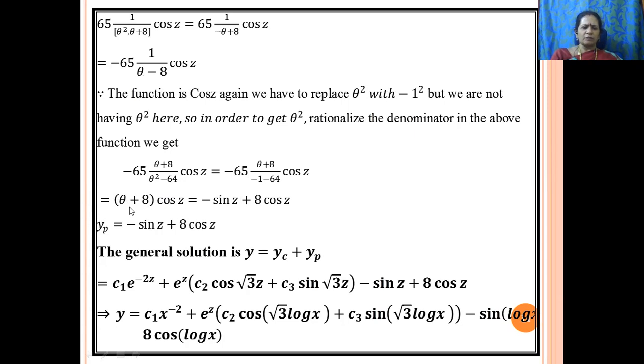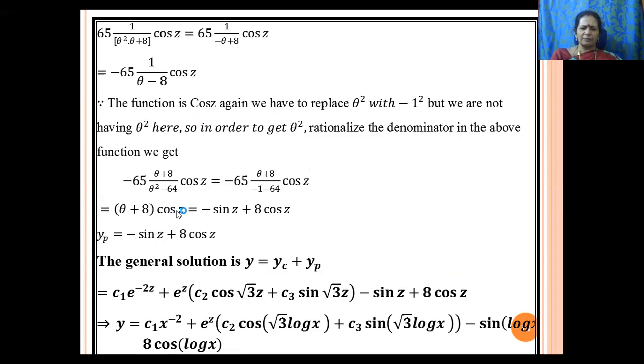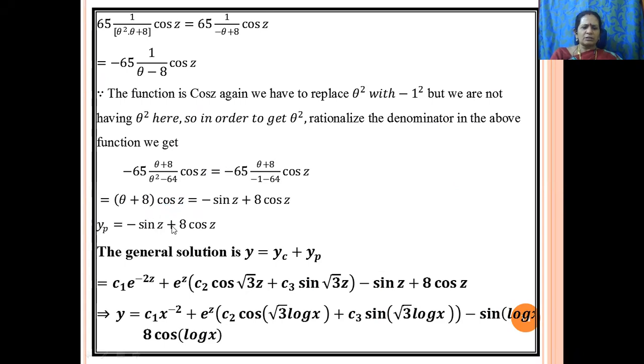So finally the 65 gets cancelled, and we get (theta plus 8) into cos z. Theta is the differential operator, so theta into cos z is minus sin z, then 8 into cos z is 8 cos z. Okay, this is yp.